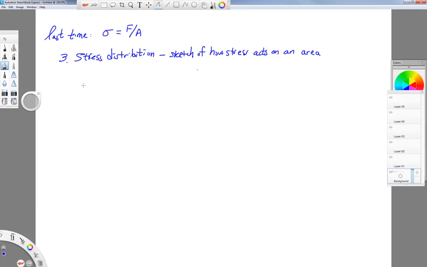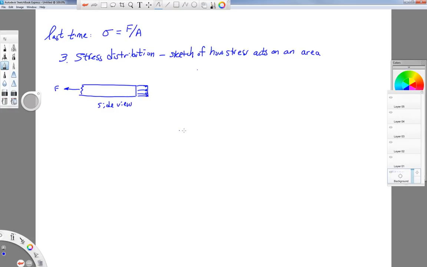For our bar in axial tension, you can show this pretty straightforwardly. If we show a force on this side, then the stress distribution on a side view would be little stress arrows spread out over that cross-sectional area.